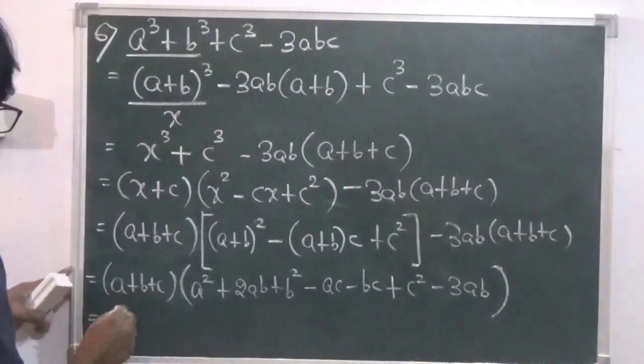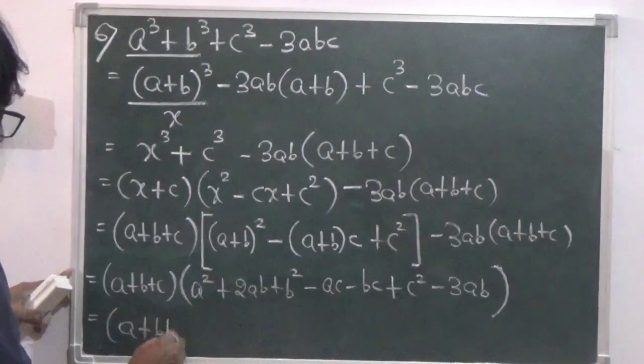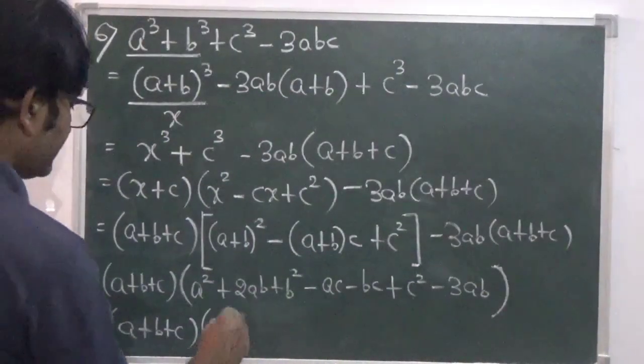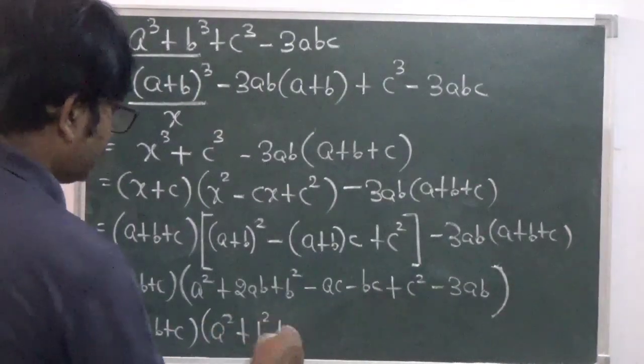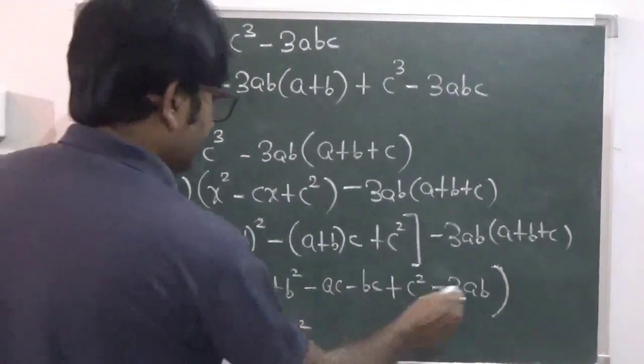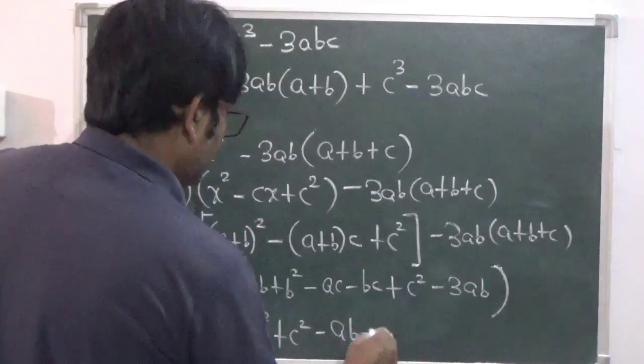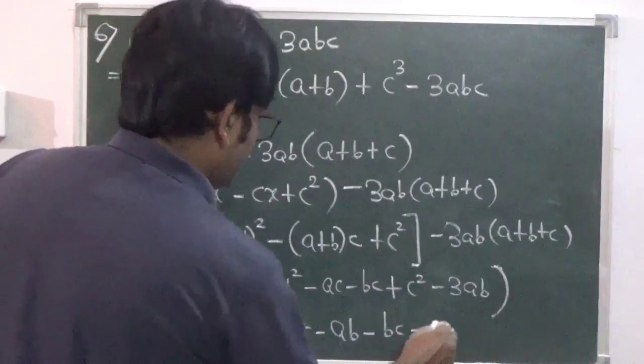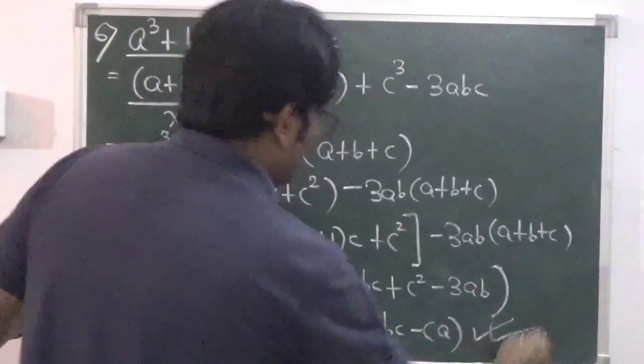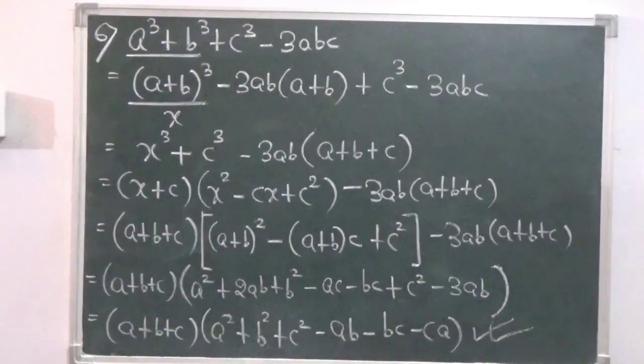So finally the last step is a plus b plus c into a square plus b square plus c square, minus 3ab plus 2ab, so minus of ab minus of bc minus of ca. So this is your final result.